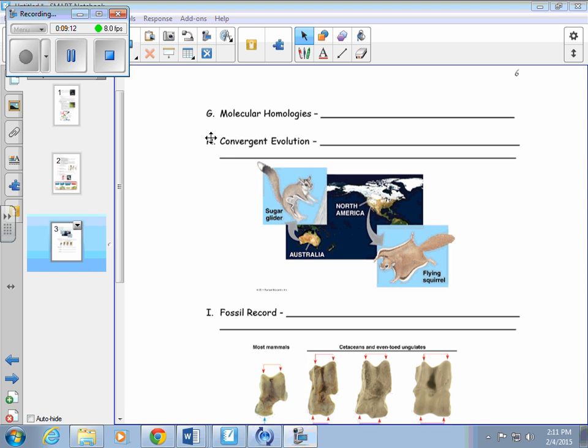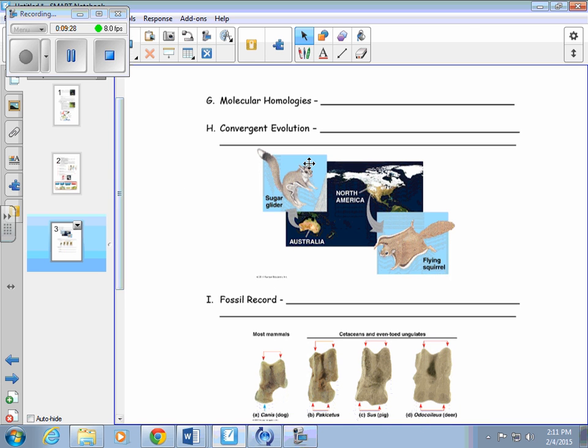Convergent evolution is where unrelated organisms that live in two totally different parts of the world have actually evolved similar features due to similar environments. A great example of this: I have a sugar glider here that is from Australia, and I have a flying squirrel that's from over here in North America. They do not share a common ancestor.